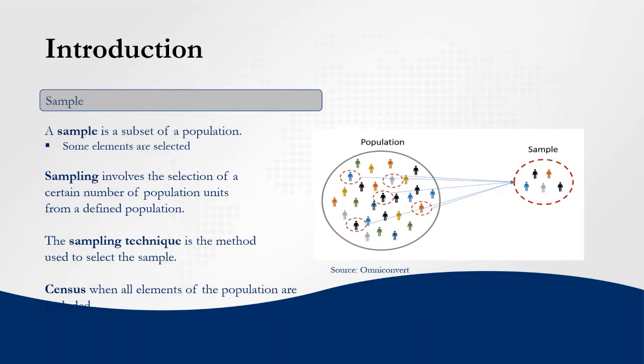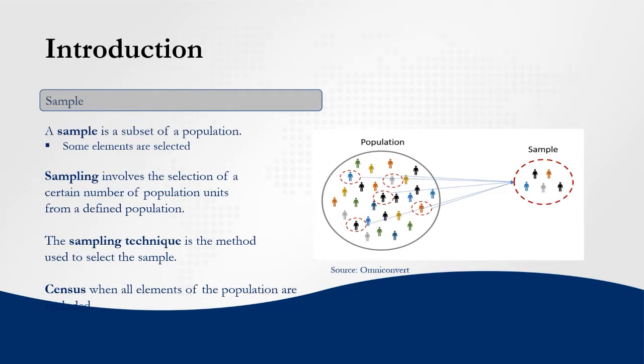It's not practically feasible, leading you to select a sample that will represent that population. So a sample would be a subset of a population. From that population, you will select a subset of the units, and that subset constitutes your sample.